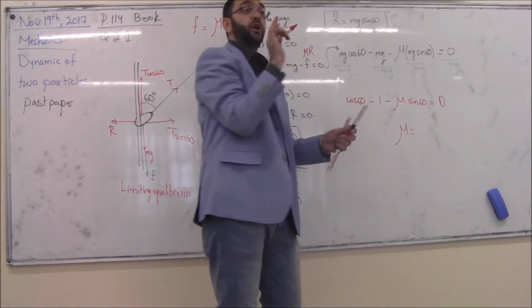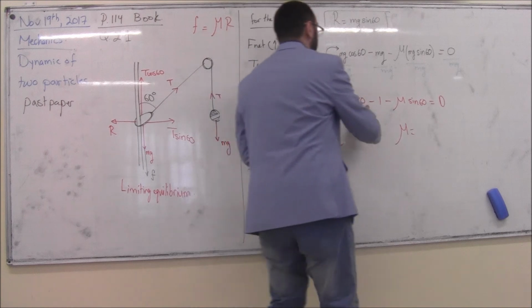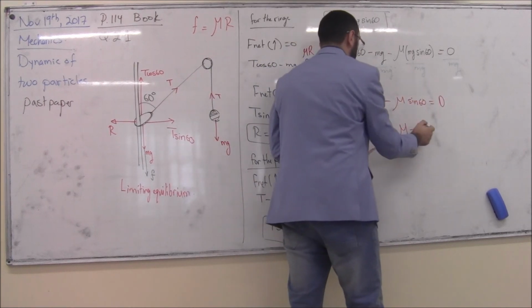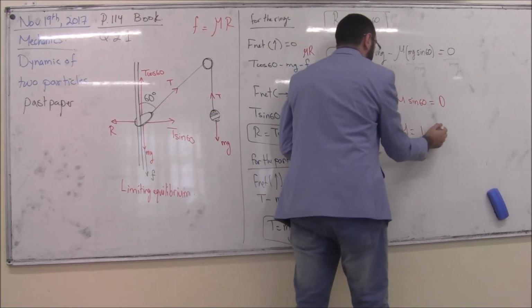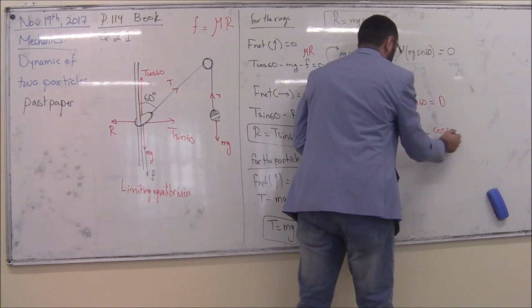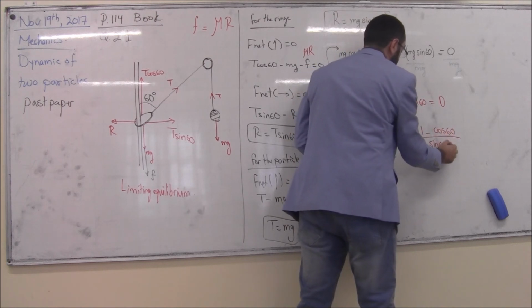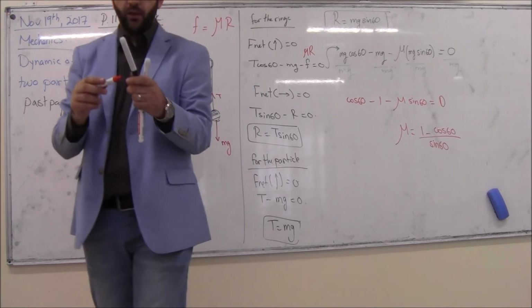Mu equals 0.577. I would like to write it this way: mu equals (cosine 60 minus 1) over sine 60. Why did I write it this way?